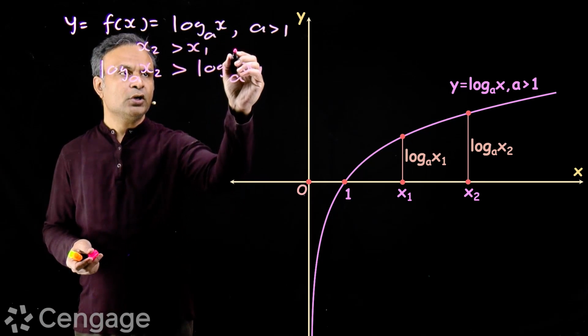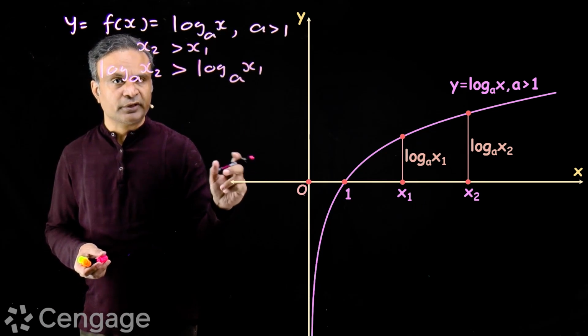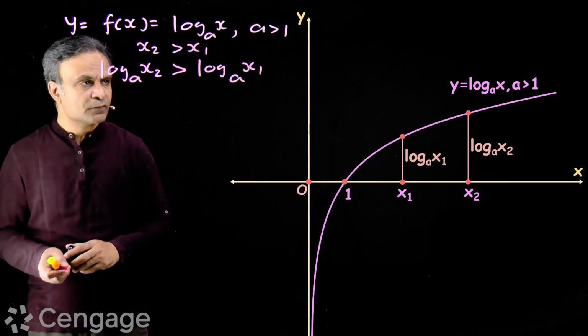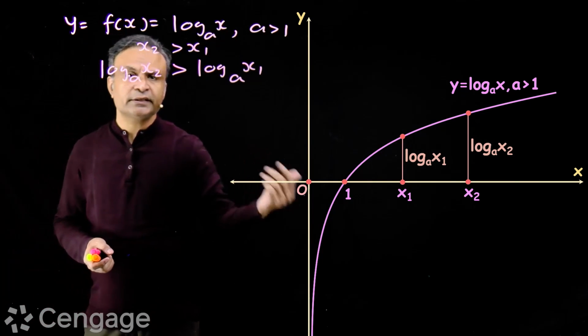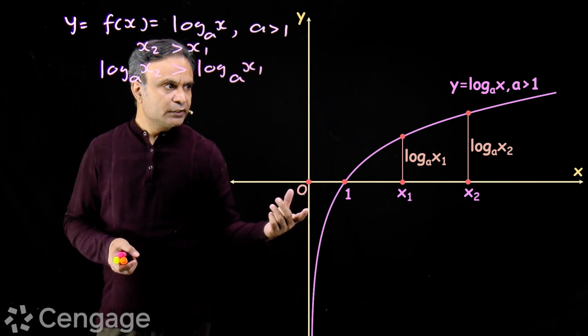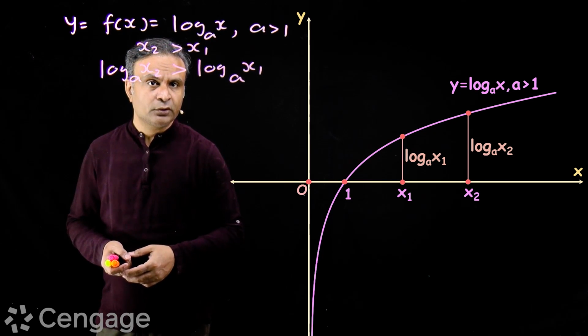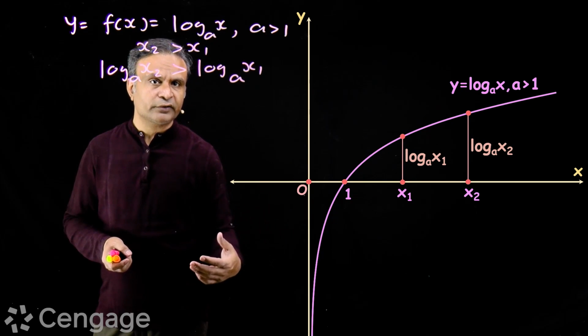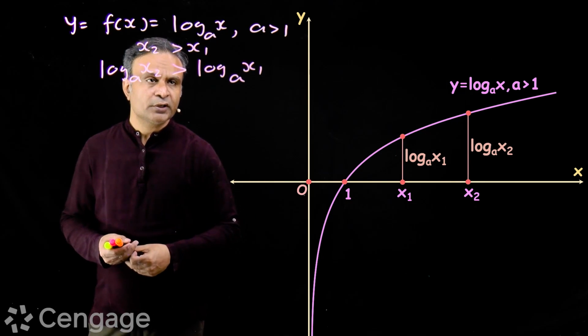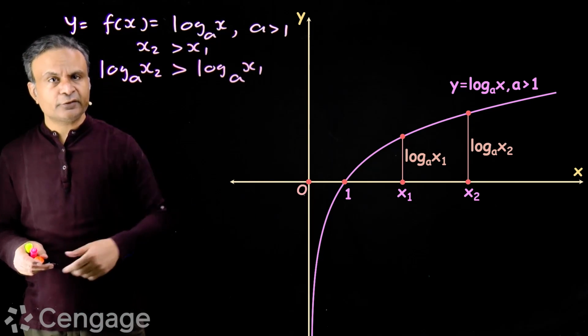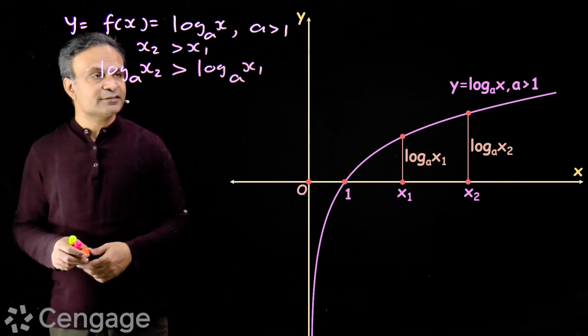This is true for all x1, x2 with x2 more than x1. The reason is the function is increasing. Function increase कर रहा है तो जितना x का वैल्यू ज़्यादा होगा उतना log का वैल्यू ज़्यादा होगा. More the value of x, more the value of log. So this is logarithmic inequality when base a is greater than 1.